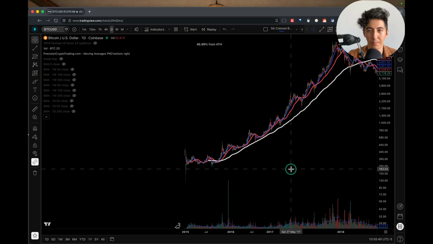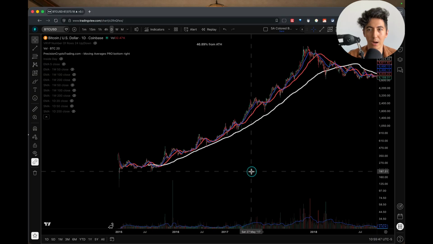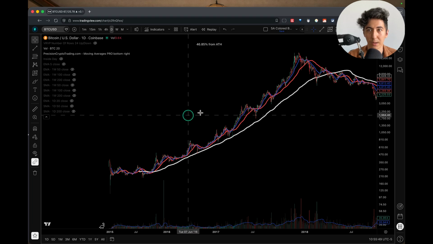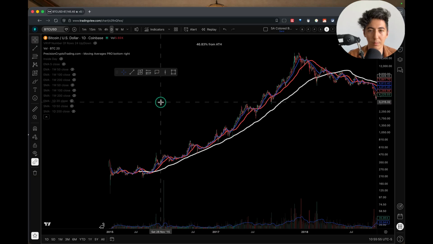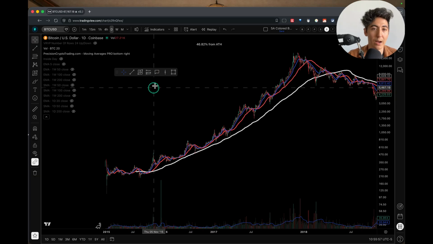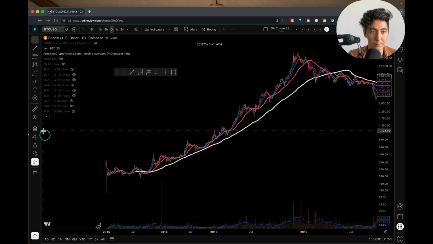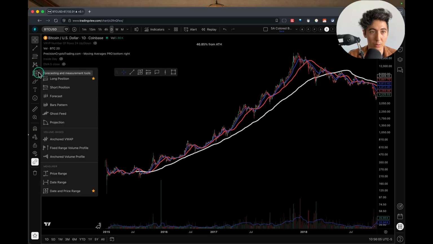of this Bitcoin chart. Whenever I am doing stage analysis, the first thing is I like to have some different tools open to help me quickly identify. These are the tools that we're going to be using: the date and range. You can put that on your favorites here.